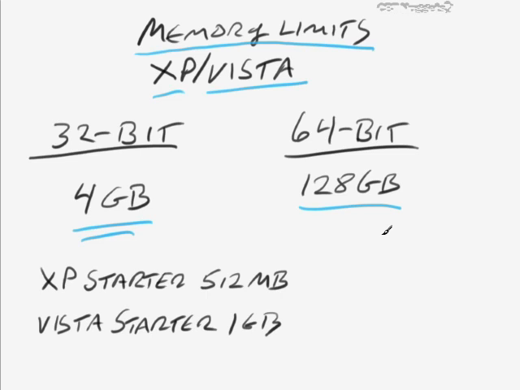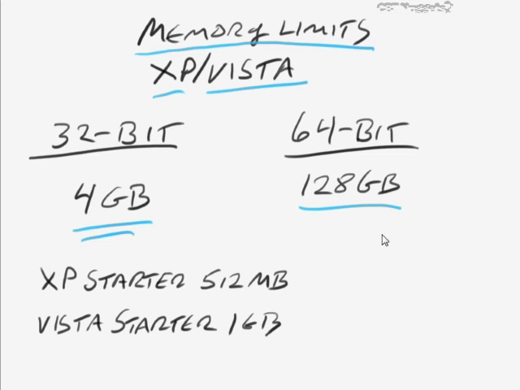Now, if you're running one of the starter editions, we haven't really talked about that much because it's not particularly an A+ item, but XP and Vista, as well as Windows 7, are available in what we call starter editions. And for XP and Vista, these are 32-bit versions of the operating system. These were designed to be very stripped down versions of Windows that have very few features installed on them that you would normally get in a default installation of Windows.